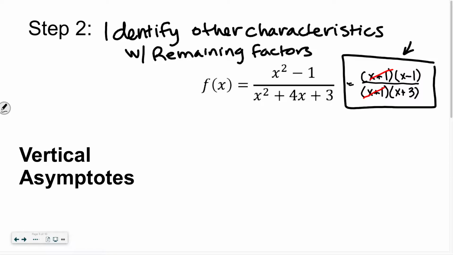Okay, so does anybody recall from Algebra 2 or Algebra 3 how you find vertical asymptotes of rational functions? Check with your group, see if anybody remembers, see if you can convince somebody that's right. How do you find the vertical asymptote?